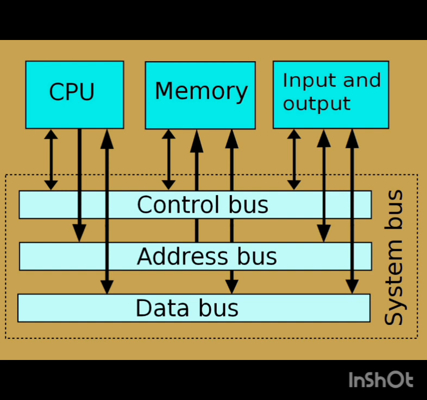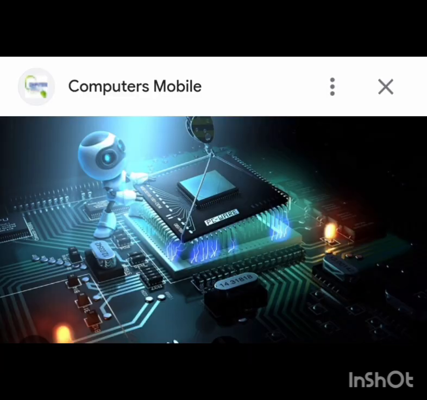The CPU is connected to the system bus, which in turn is connected to the memory and I/O buses. Data flows back and forth between the CPU and other components through these buses. The CPU uses signals on the bus to send commands to other components and receives data from them in return.